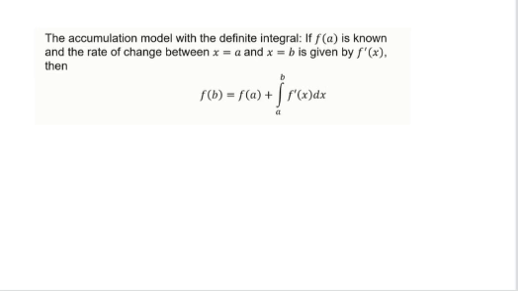I get what is called the accumulation model, the accumulation model with the definite integral. If f of a is known and the rate of change between a and b is given by f prime of x, then we have this accumulation model. And so this can tell me the value of f of b.